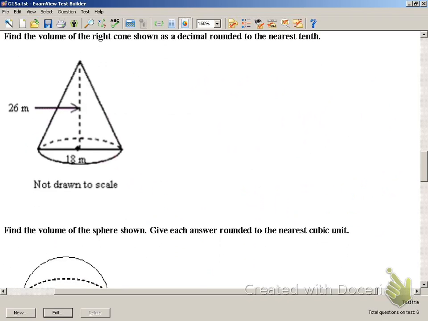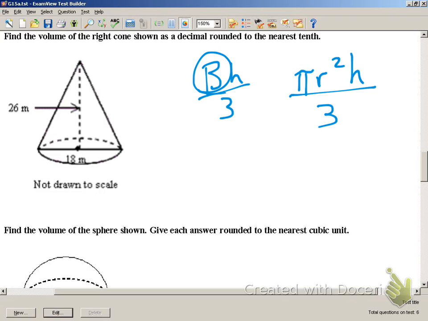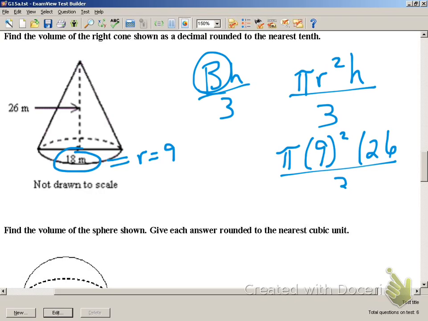Number 5 says find the volume of the right cone shown as a decimal rounded to the nearest tenth. Volume for a cone, area of the base times the height divided by 3. But what's the shape of the base? It's a circle, so it's pi r squared h divided by 3. So my diameter is 18, so that means r equals 9. Pi times 9 squared times 26 divided by 3.